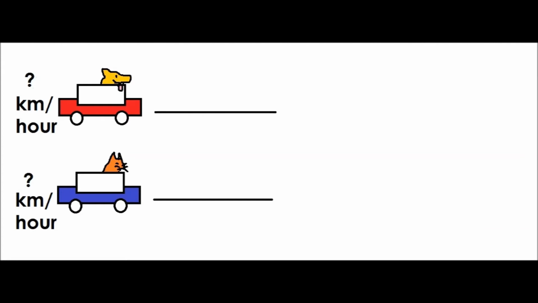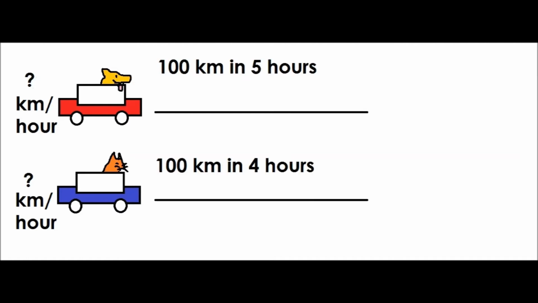Next, this time, we don't know their speed yet, but we know that both of them travel 100 kilometers, but for Moon Moon, he needs 5 hours, and for Cato, he needs 4 hours. So how do we figure out the speed? Well, we can start by trying to cut the distance into several parts.